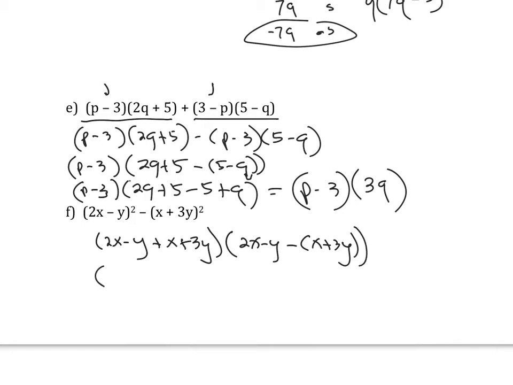And that will, when combined, give us 3x plus 2y times, okay, so this becomes 2x minus x, or just x, and then we have a negative y minus 3y, so that'll give us minus 4y.